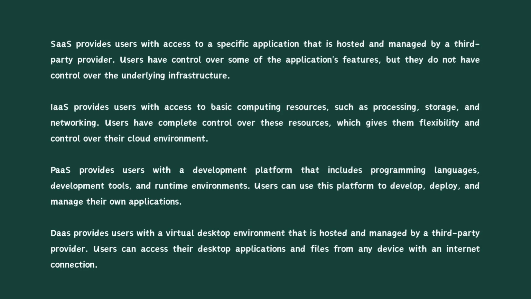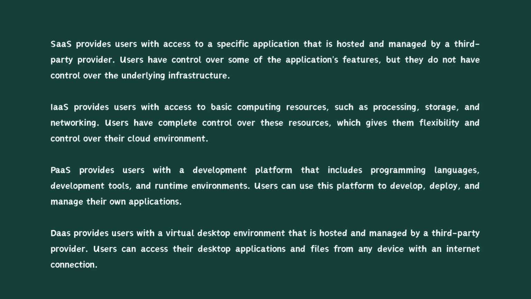SaaS provides users with access to a specific application that is hosted and managed by a third-party provider. Users have control over some of the application's features, but they do not have control over the underlying infrastructure. IaaS provides users with access to basic computing resources, such as processing, storage, and networking. Users have complete control over these resources, which gives them flexibility and control over their cloud environment.